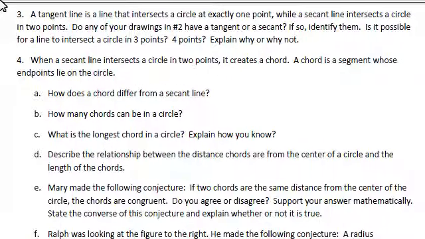In number 4, you also have other questions, but in order to answer them correctly, you need to understand what chords are, what tangent lines are, what secant lines are. In 4E, there's a conjecture that's proposed to you, and you're supposed to use what you've learned through those resources to determine whether or not it is true.